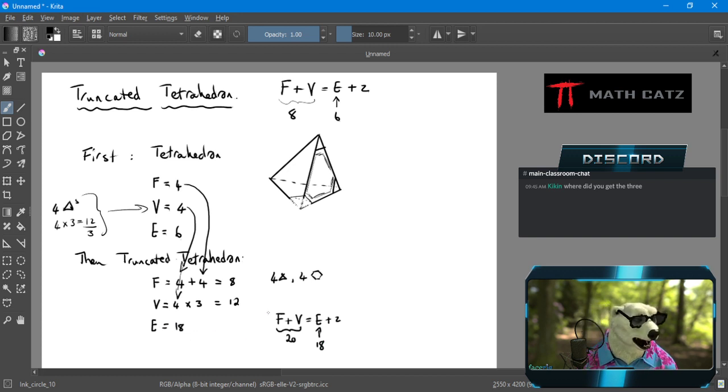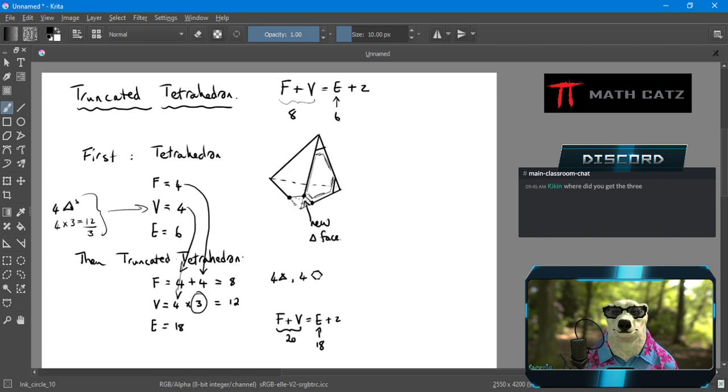Where did I get the 3? I'm assuming this 3. 3 because I now create 3 new vertices. When I cut it off, I create a new triangle face.